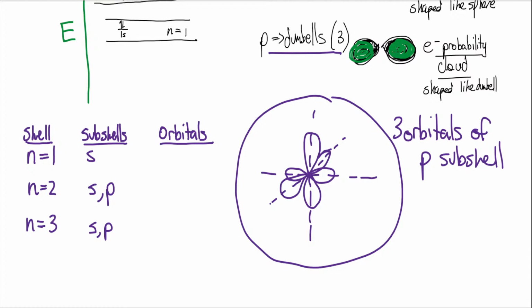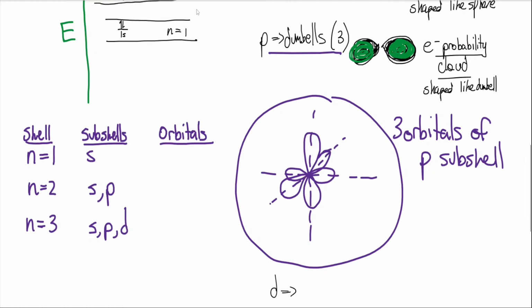So we do have to access that new layer. What comes after P? It's D, and D has some funky shapes. I don't know where your teacher stands on memorizing the shapes. Do you know?